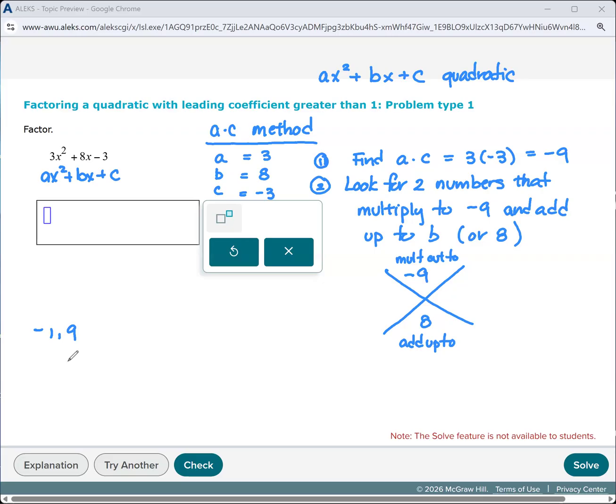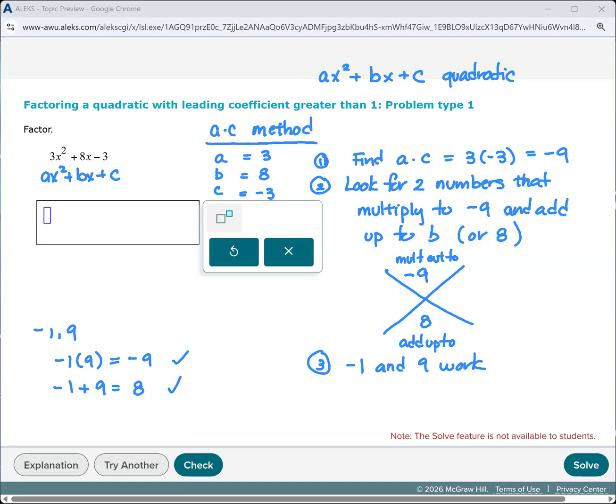Negative 1 times positive 9 equals negative 9, and that works. And negative 1 plus positive 9 equals positive 8. So that works too. My two factors are negative 1 and positive 9.